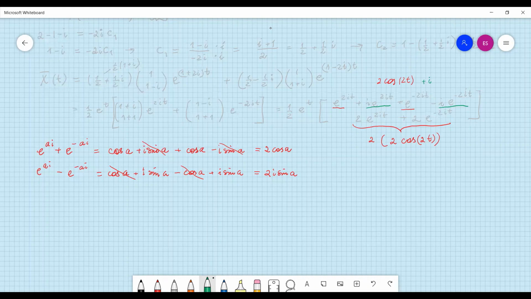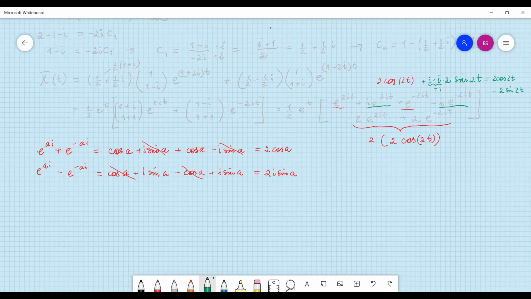So it's going to be i times 2 times sine of 2t. Not exactly the order I have it over here, right? I have 2i here and I put i2, but I'm going to simplify. This one is negative 1. So altogether I have 2 cosine of 2t minus 2 sine of 2t. Again, minus happens because I simplified i by i squared.